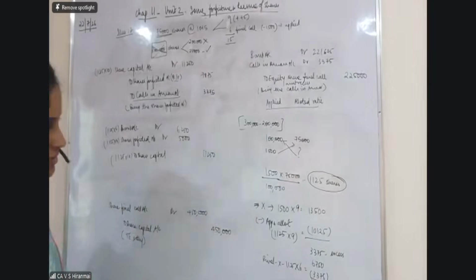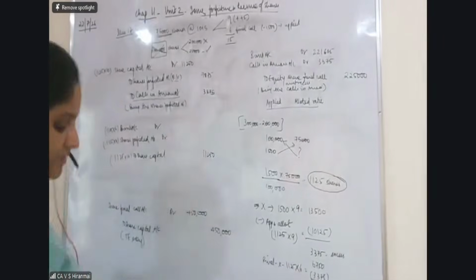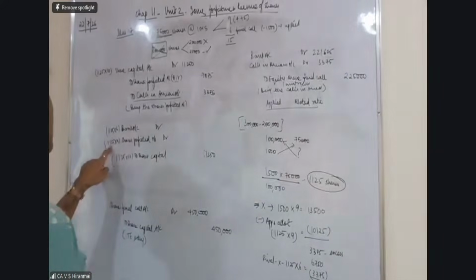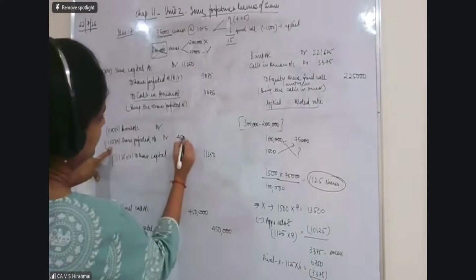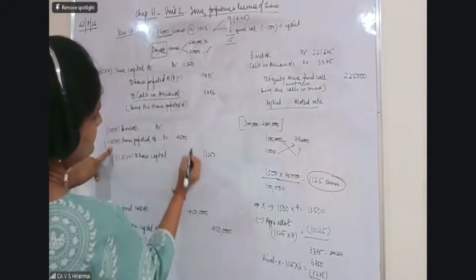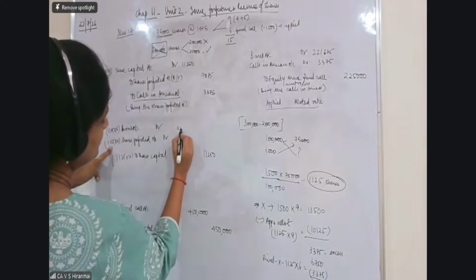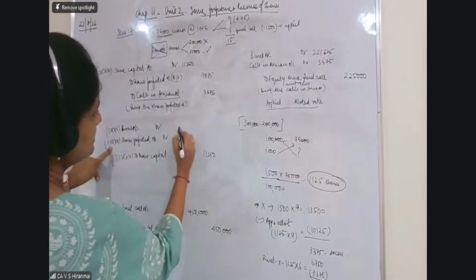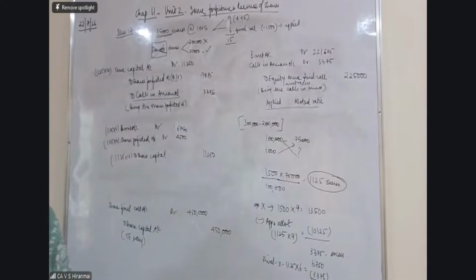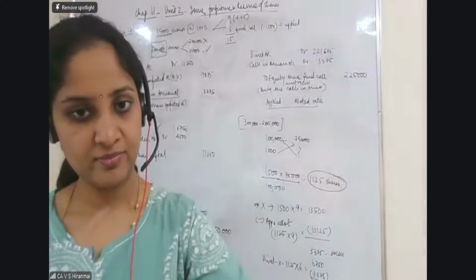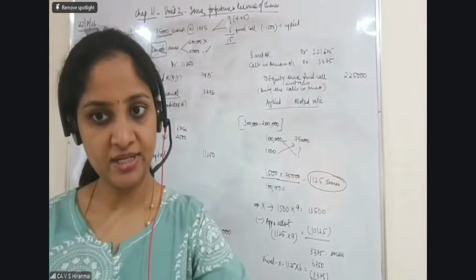This is not 5,000, this is 4,500. And this comes to 6,750.